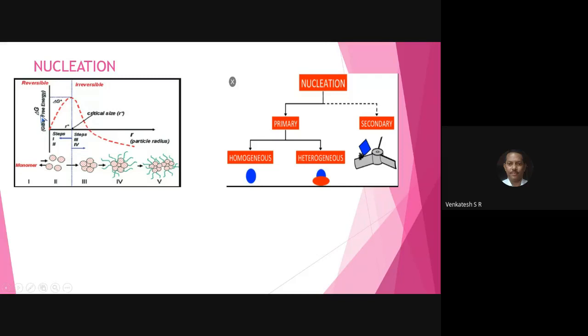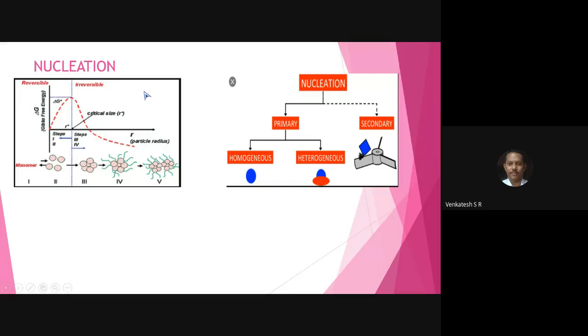This is the free energy, and on the x-axis the particle radius, the volume of the particle that is in sphere shape. This is the volume of the particle and the area of the particle. And this diagram indicates the reversible and irreversible nucleation process.